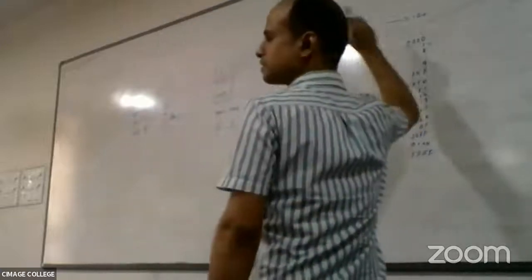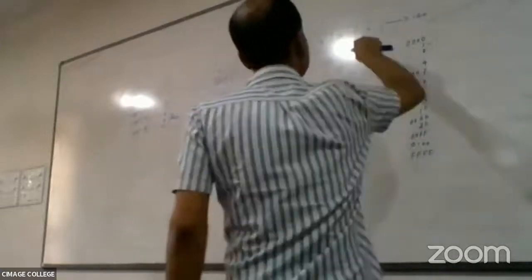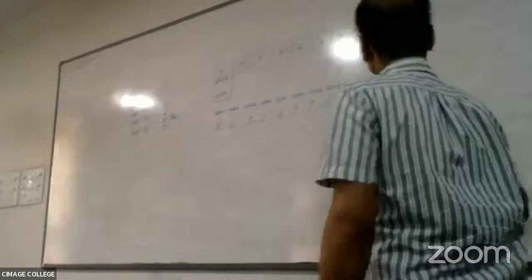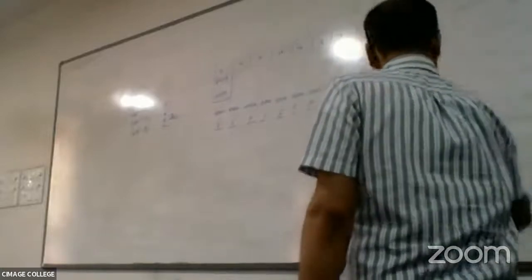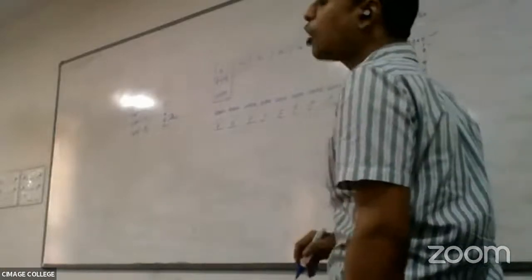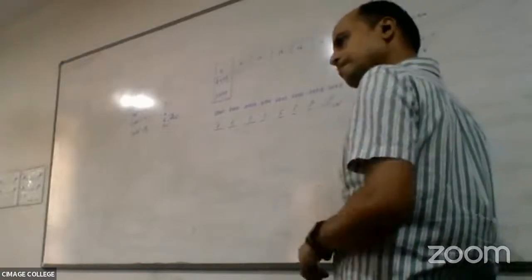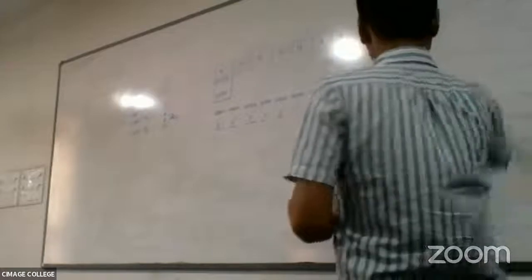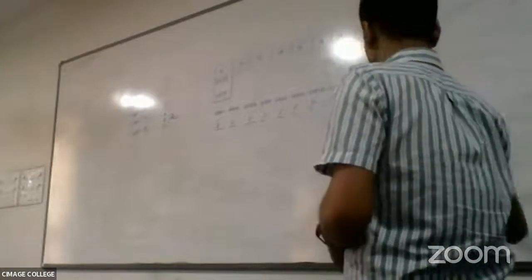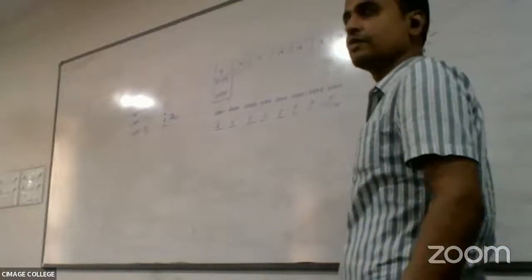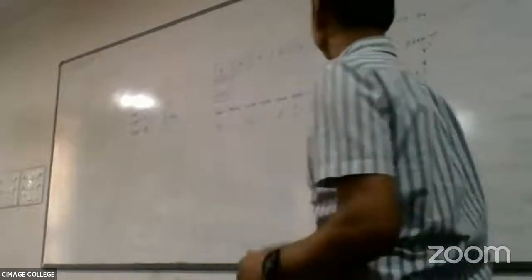There are 16 bits. If you start counting from this value to this value, how many numbers will be there? Total from 40 to 4F. Its calculation is simple.